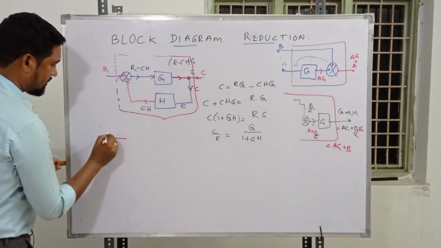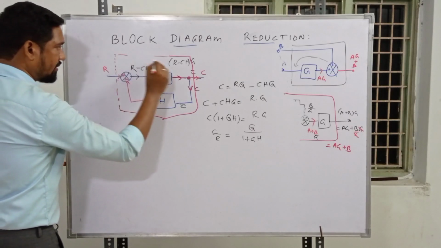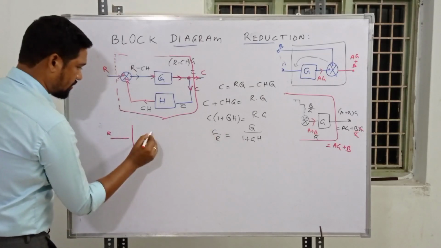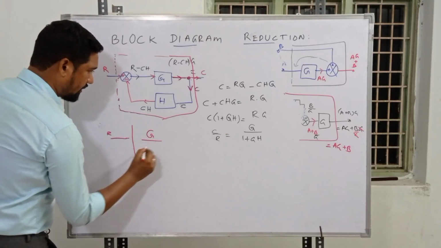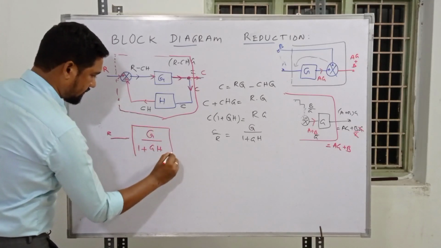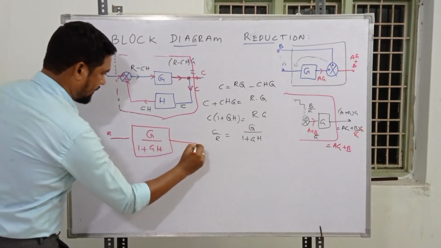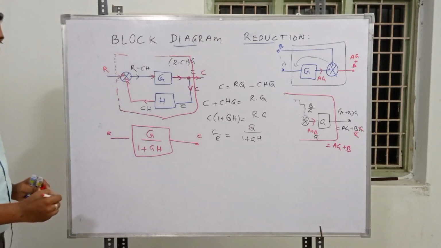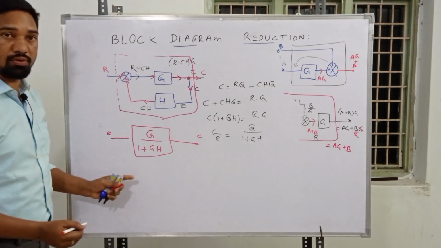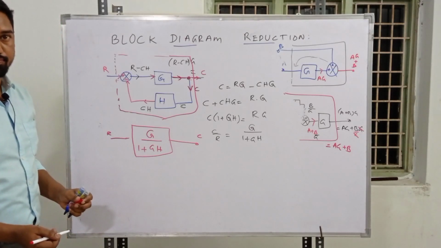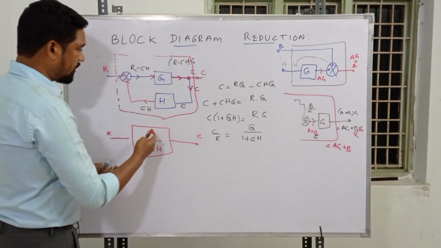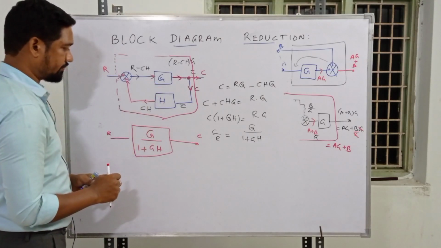We can say that R, and this entire arrangement can be represented in one block, giving the transmittance G by 1 plus GH with a single block, and R is as it is, and C stays as it is. One of the deadliest important reduction rules in block diagram reduction. A game changer, right? Believe me, whatever the block diagram, make sure that it comes to this arrangement.